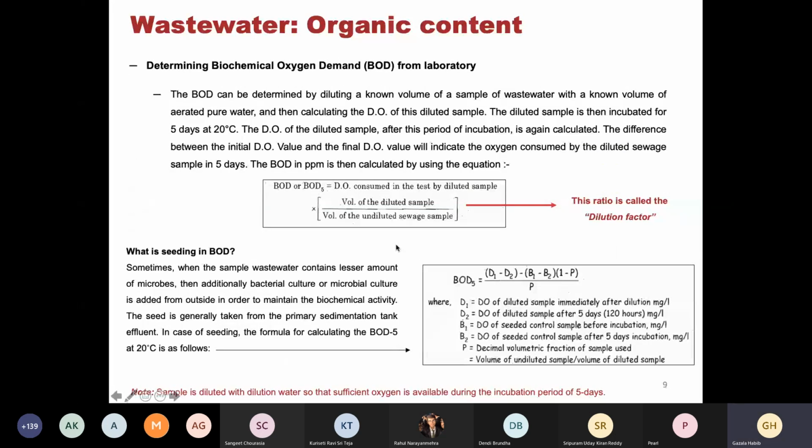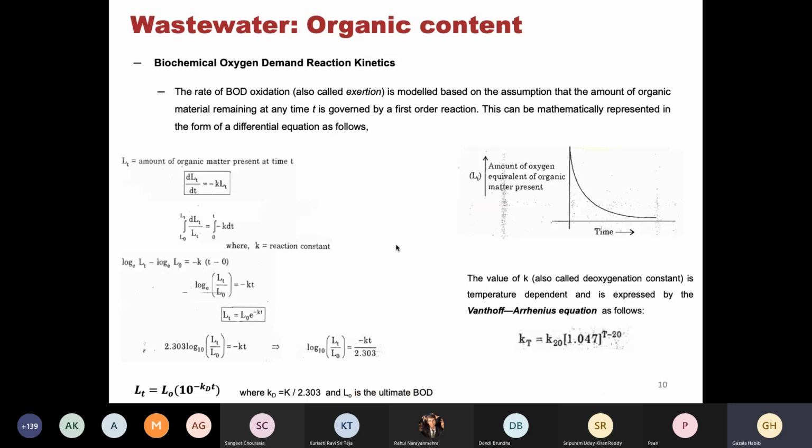Okay, so now in order to determine the BOD, or dissolved oxygen demand, at any time t, a simple first order reaction is assumed.